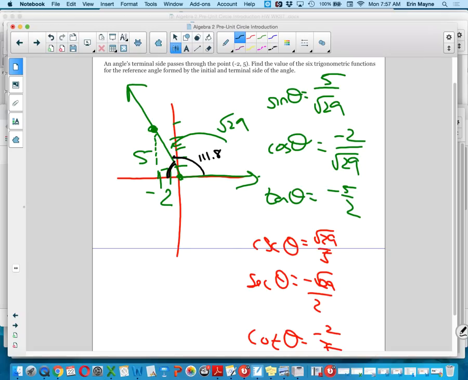So for a quick minute, do 180 minus 111.8, and you get 68.2. So my reference angle is 68.2. Now, if you were to take the cosine of 68.2, you would get the positive 0.37.